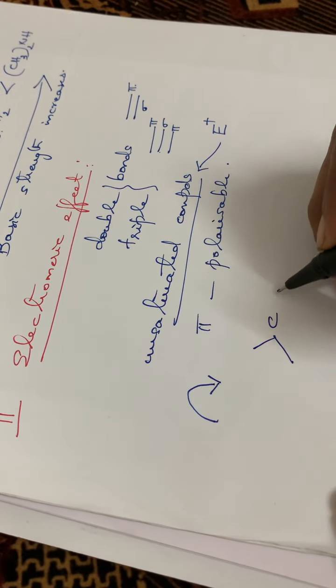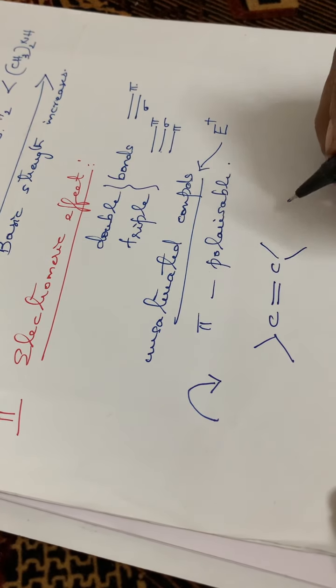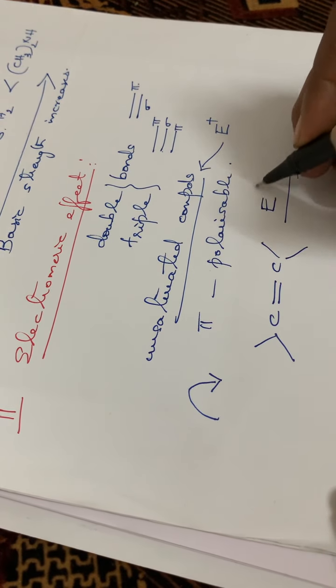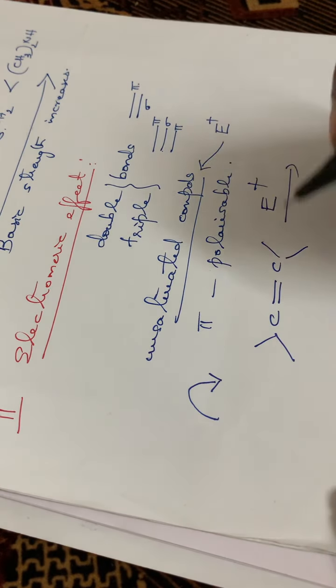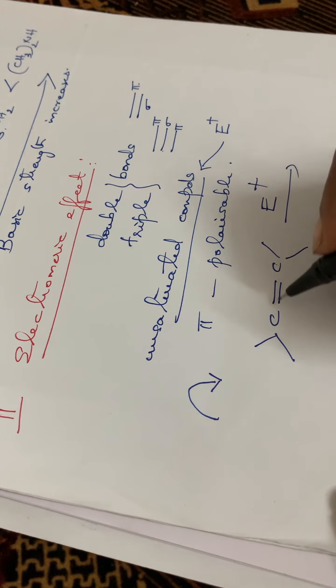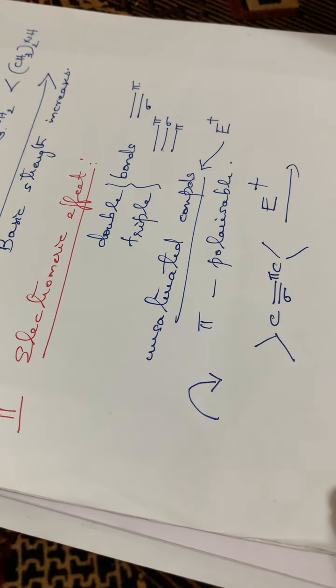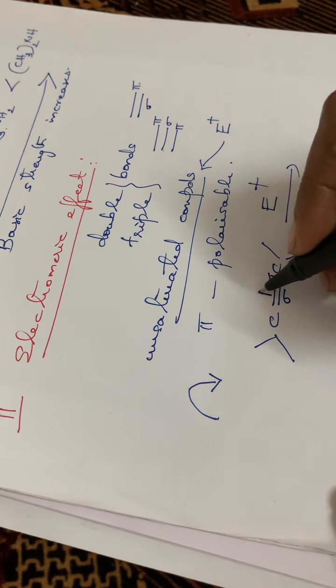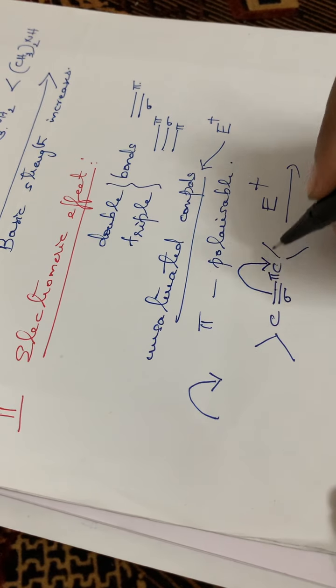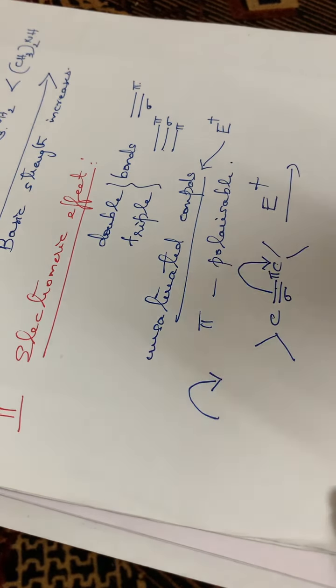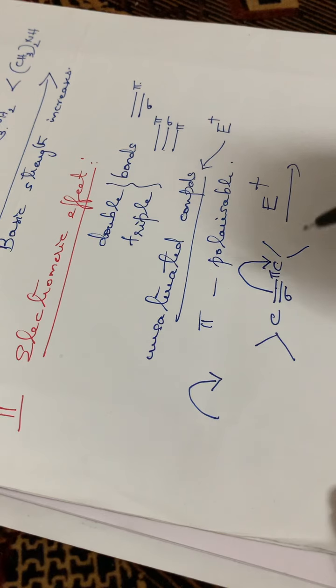Suppose this is a carbon-carbon double bond, and an electrophile is attacking this compound. Across the double bond, the two carbon atoms are present; suppose this is the sigma bond and this is the pi bond. The pi electrons will shift towards one of the carbon atoms.